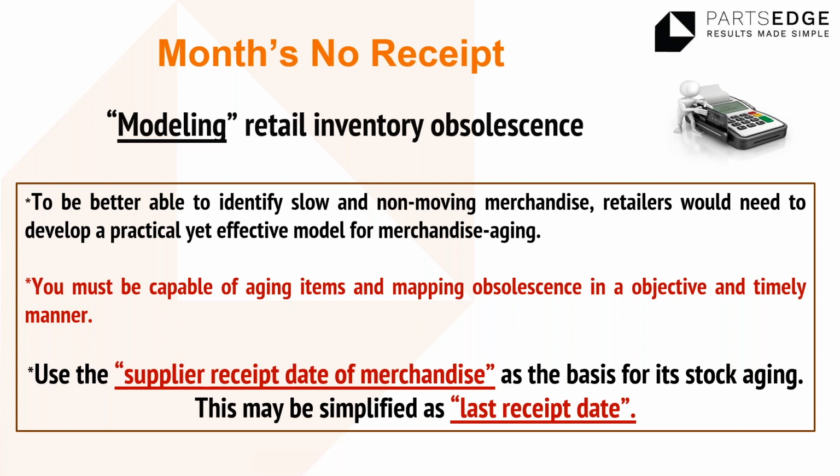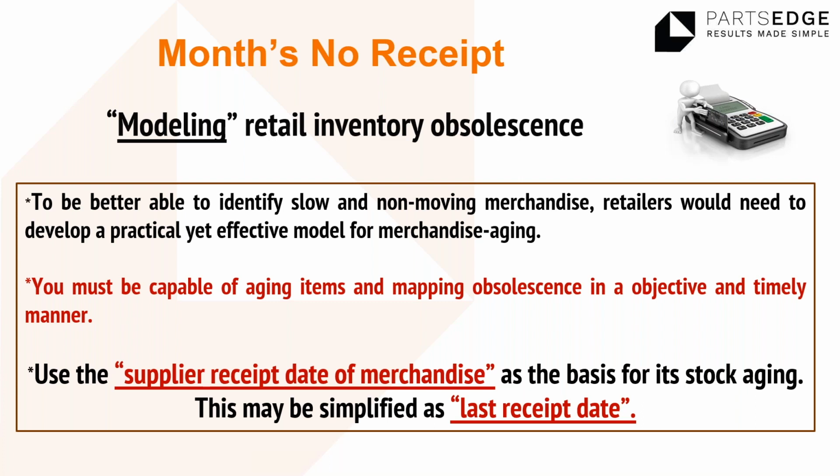And this was a great slide that I found from a supply chain expert that really got right to the heart of what I'm trying to discuss. This supply chain expert came up with modeling retail inventory obsolescence. It said, to be better able to identify slow and non-moving merchandise, retailers would need to develop a practical yet effective model for merchandising aging.